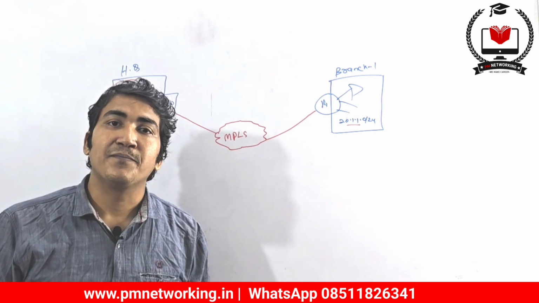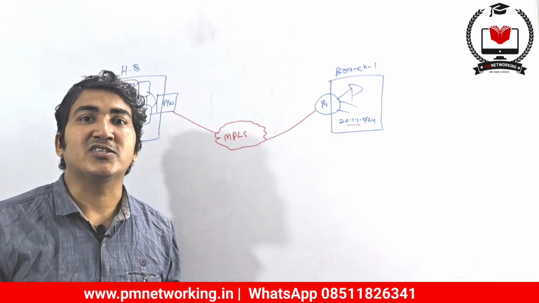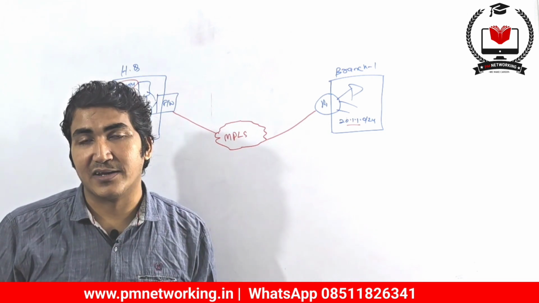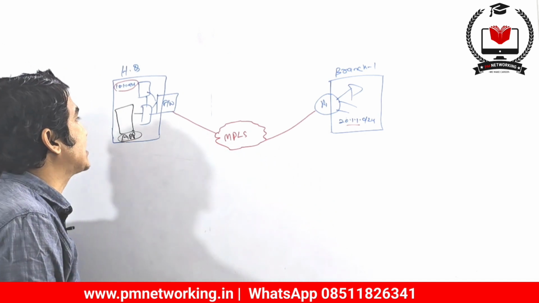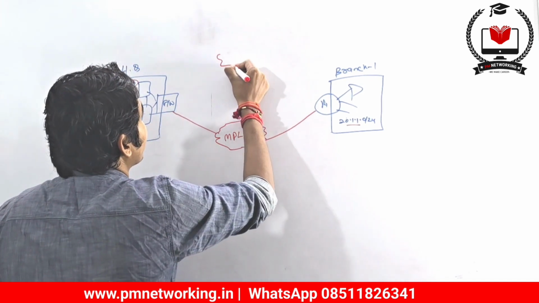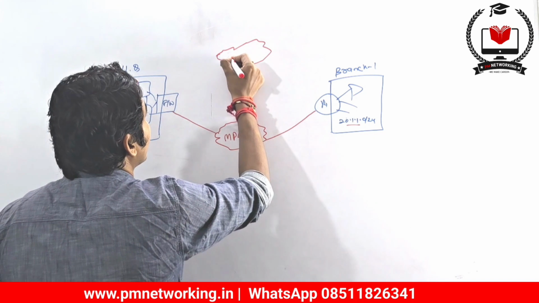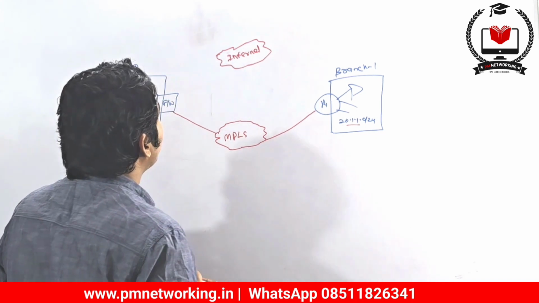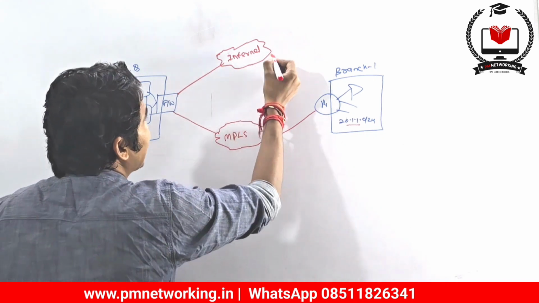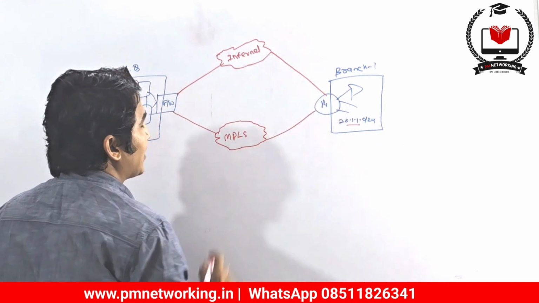We can even use the internet to connect two sites together by configuring VPN. So let's suppose here I have one connection from the internet. Now I'm going to connect this firewall to the internet as well and to R1 as well.